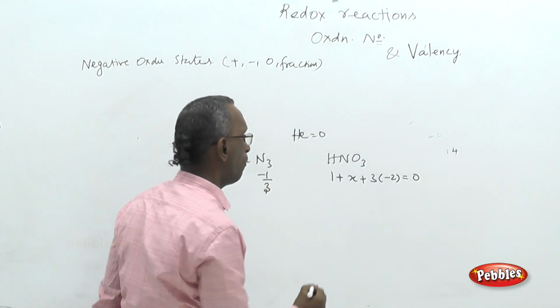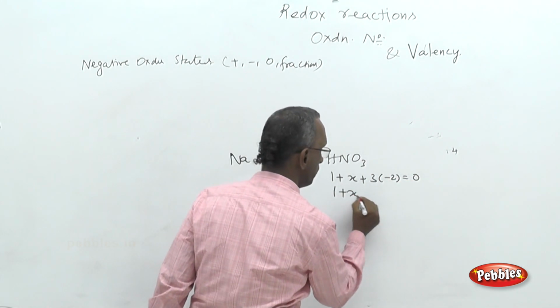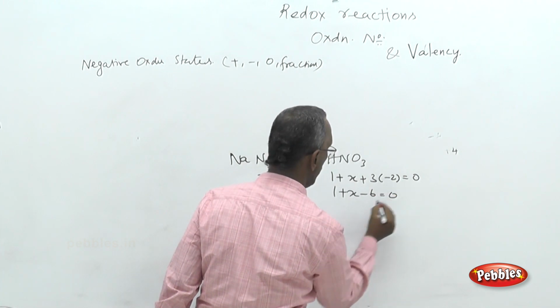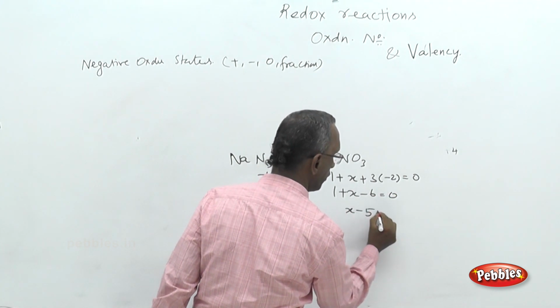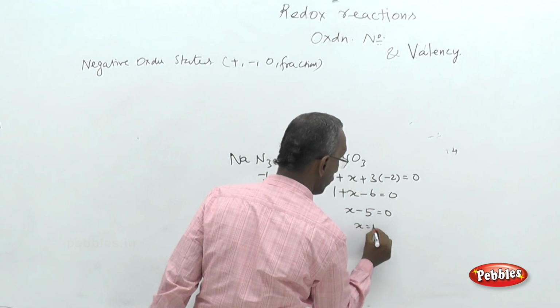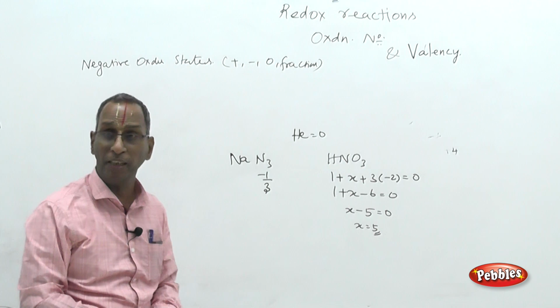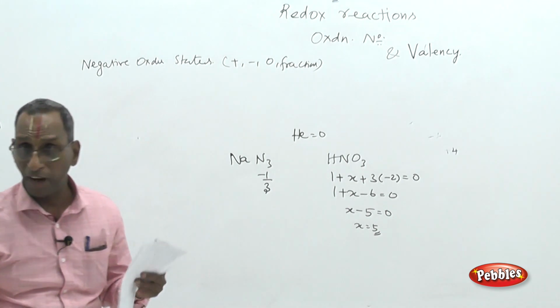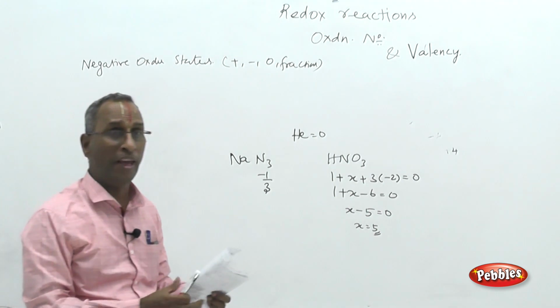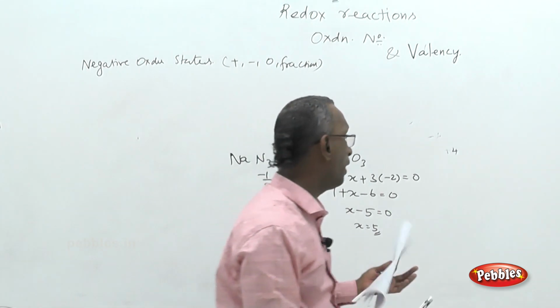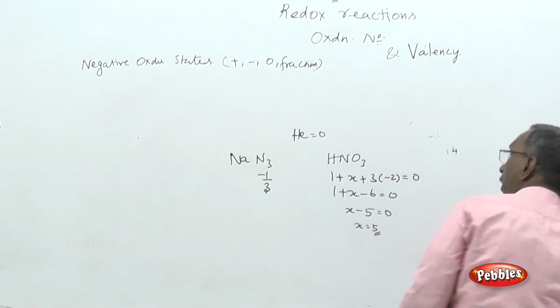Overall, 1 + x - 6 = 0, or x - 5 = 0, so x = +5. So nitrogen shows positive, negative and fractional oxidation states. These are some examples of different oxidation states.